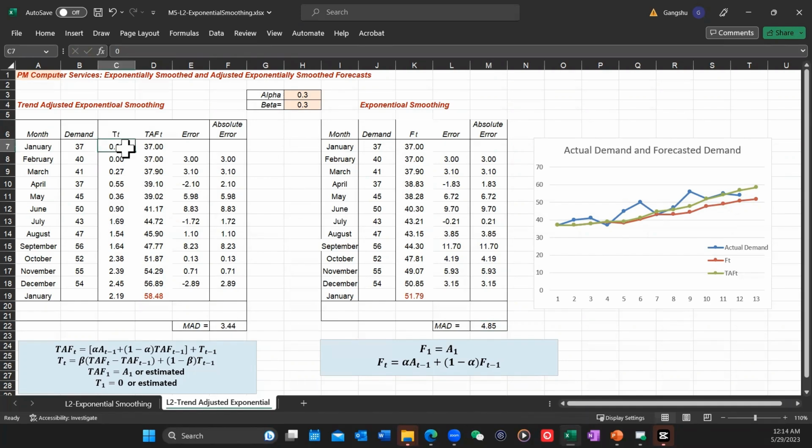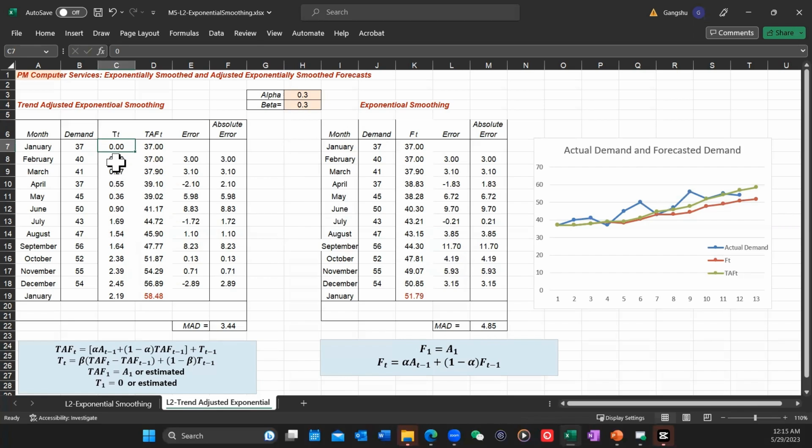We will now show how to further improve the performance of the trend-adjusted exponential smoothing by changing the initial value for the trend. In the first estimation, we assign 0 to T sub 1 in this case. But after observing the trends in the following periods, it seems the value could be higher than 0.